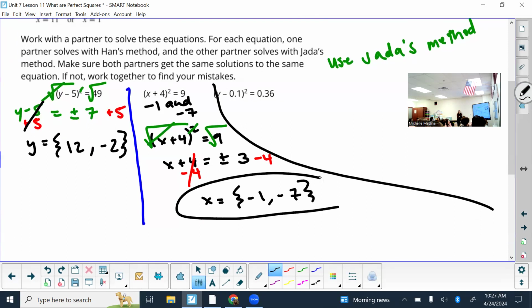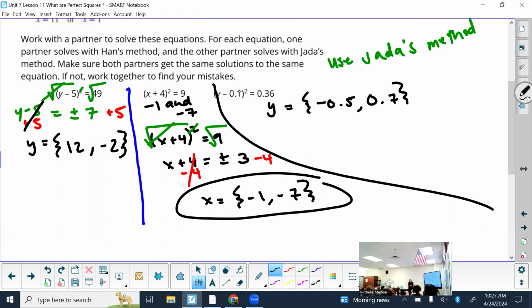And then I don't think we have time to fully walk you through the last one. Anyone have that one, you think? Harley? And that is correct, because I remember it from earlier. So again, you square root both sides.